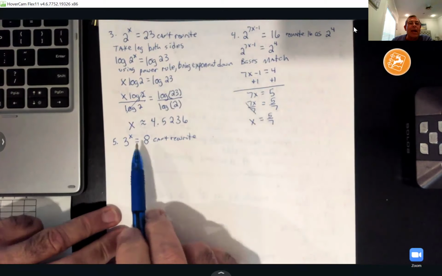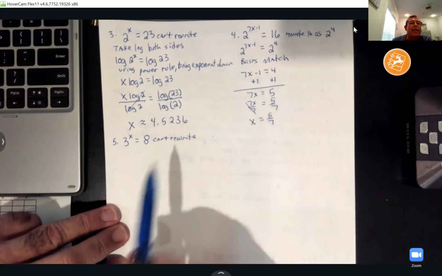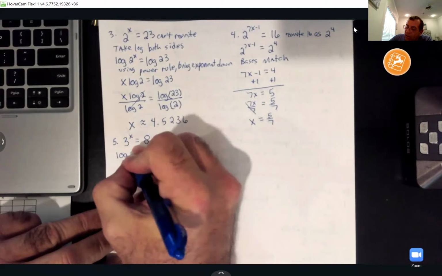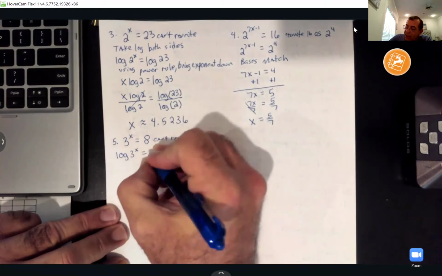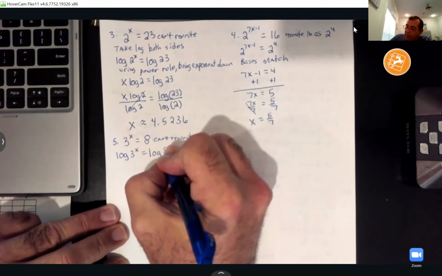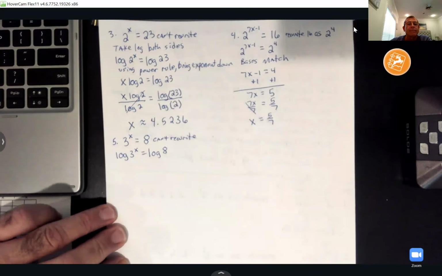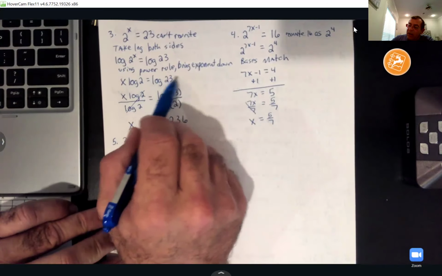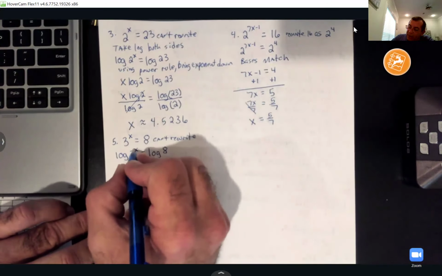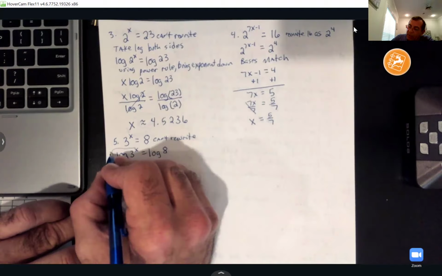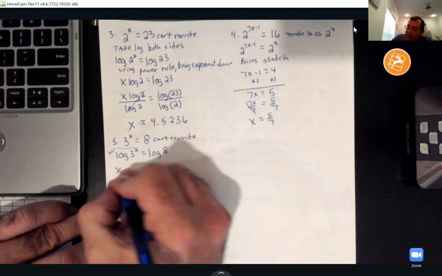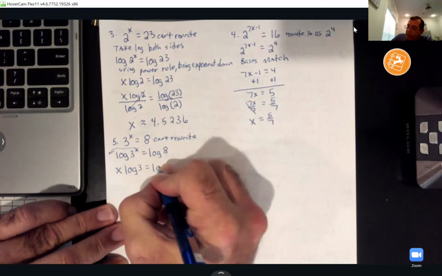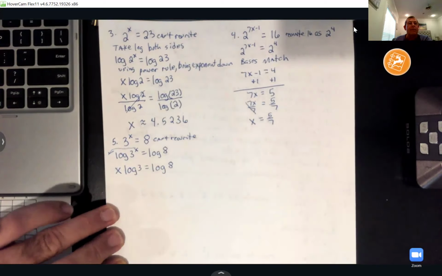So since I can't rewrite it, we're going to bring the exponent down by taking logs of both sides. So you're going to do a log 3 to the x equals a log of 8. Then we're going to do the same thing up here. We're going to use the power rule and bring the exponent down. So I'm going to bring that exponent down so that I get an x times log 3 equals a log 8.